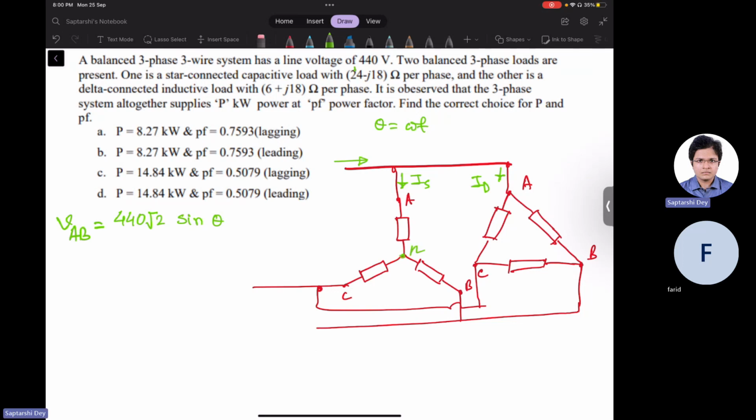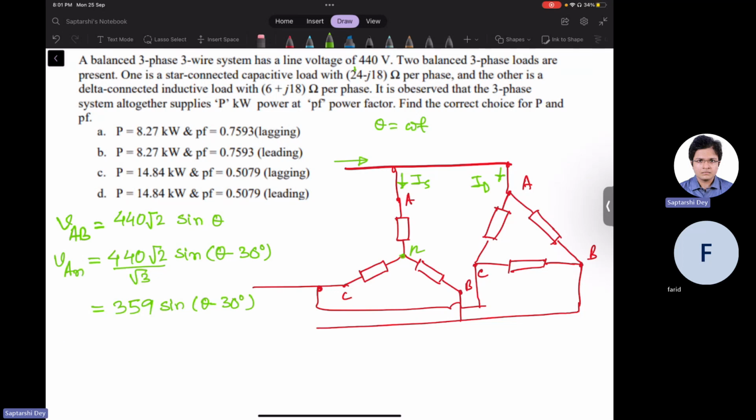Now, if that is the line voltage, then phase voltage will lag line voltage by 30 degree. Phase voltage will lag line voltage by 30 degree. So it will be 440 root 2 by root 3, 359 sine theta minus 30 degree, VAN.